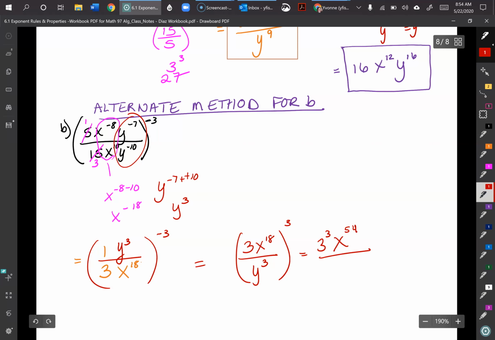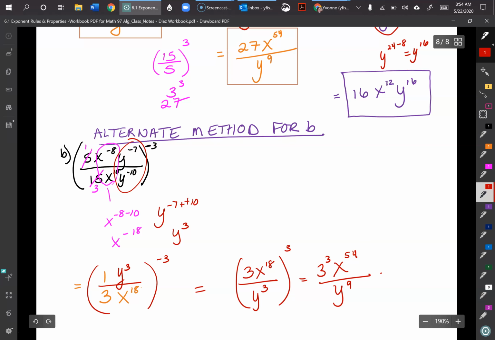And then y cubed is going to be y to the 9th. So you can see here, once I calculate out that 3 cubed to be 27, x to the 54th over y to the 9th, I get the same answer as I did before.